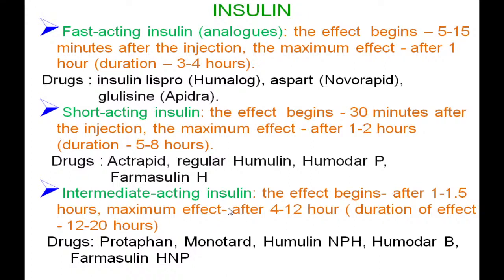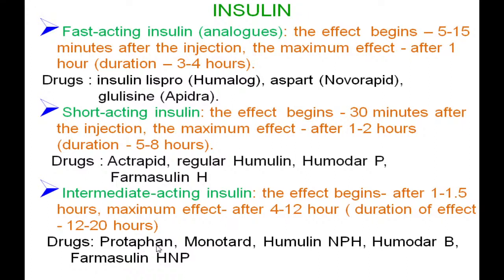Intermediate acting insulin. These are suspensions of regular insulin. The effect begins after 1 to 1.5 hours. Maximal effect after 4 to 12 hours in different preparations. And duration of effect in different preparations 12 to 20 hours.